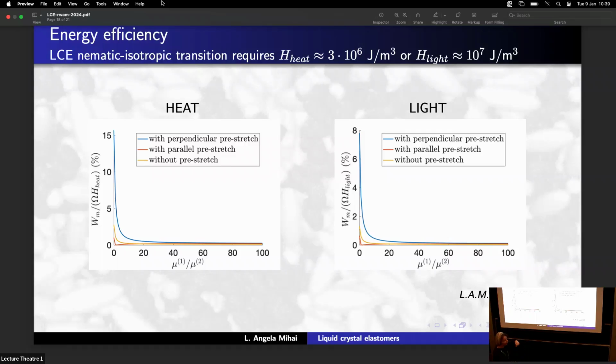So pre-stretching will still help, but otherwise there is not much response to the environment. However, if you model it more as an ideal elastomer, a nematic elastomer, so more along the ideal liquid crystal elastomer modeling, then the efficiency of the capacitor will be clearly visible.